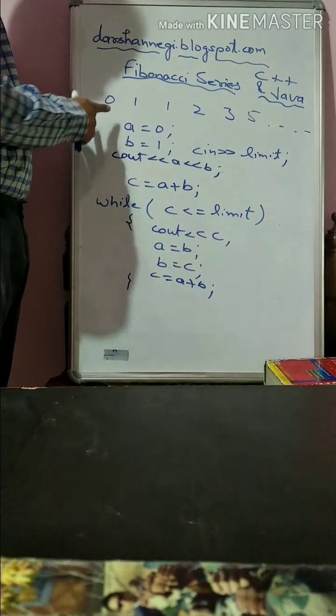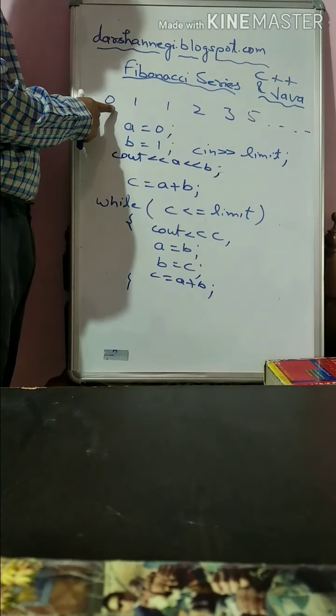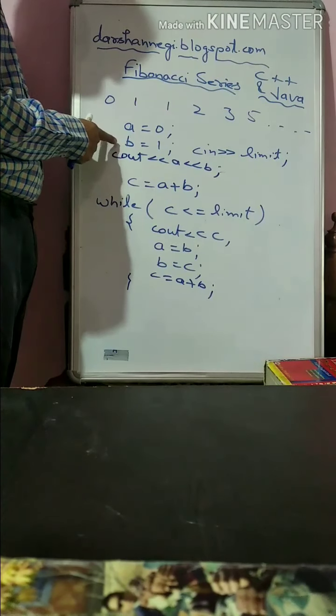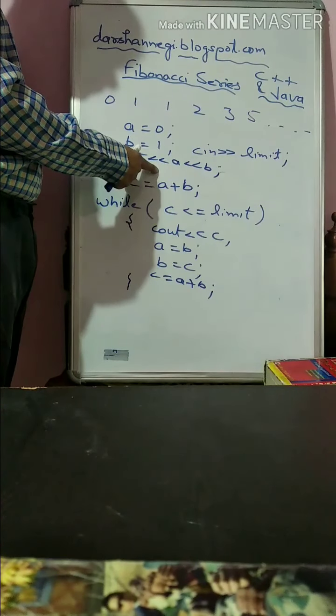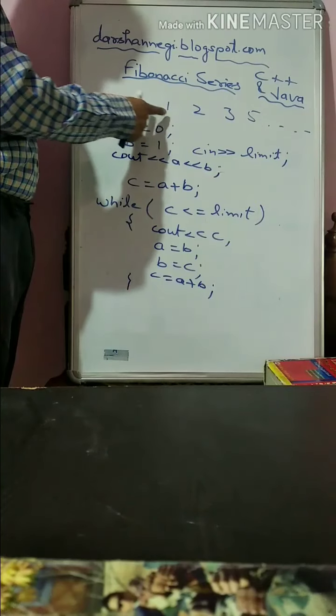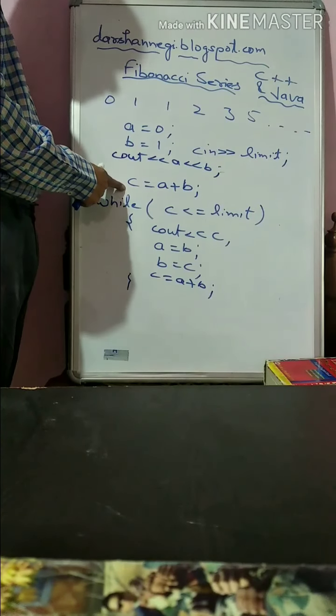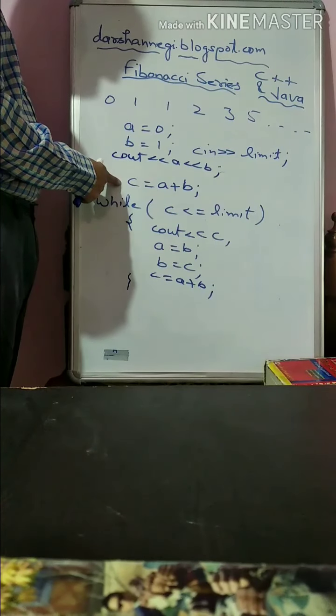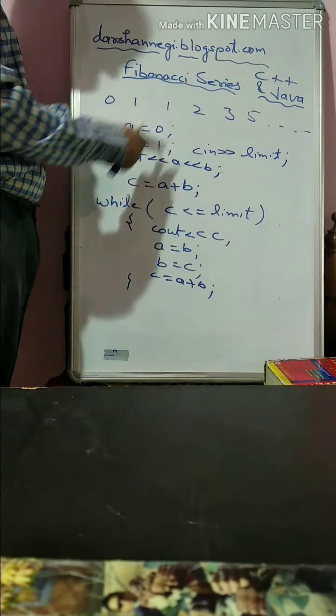I repeat, I have to initialize the two values by storing them in A and B, and after that I have to display the value. Then I have to calculate the third number. So this I have done here. I have found the sum of two numbers, and I got the third number which I have stored in C.